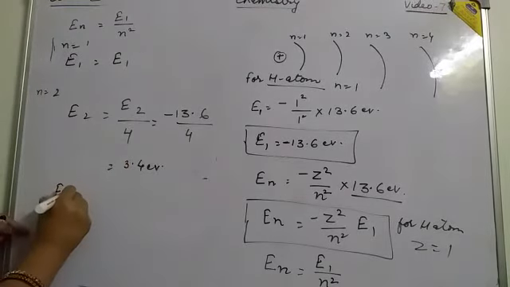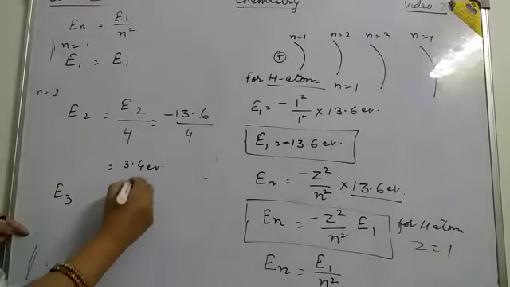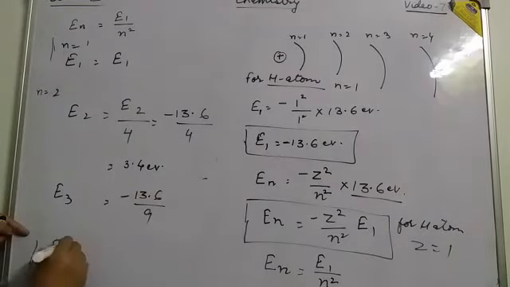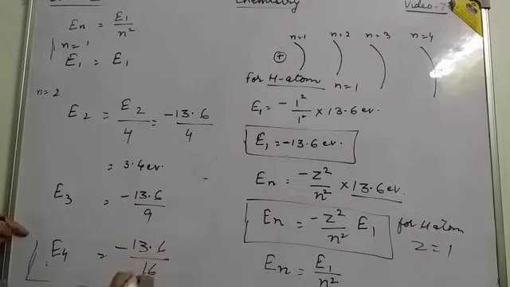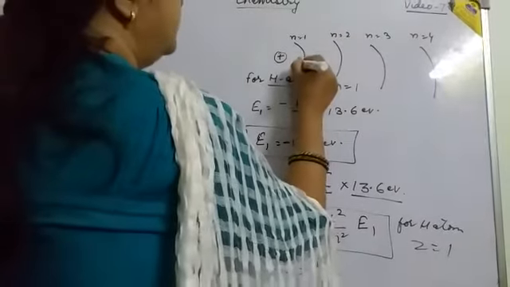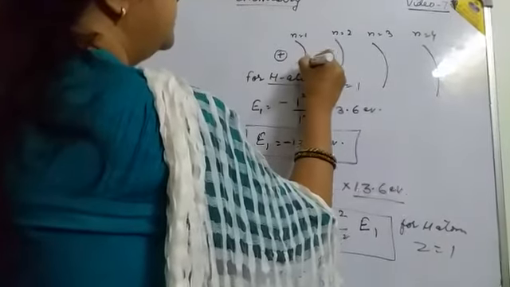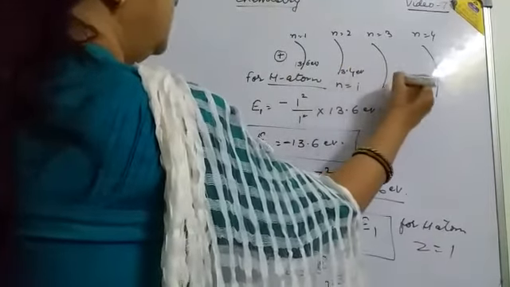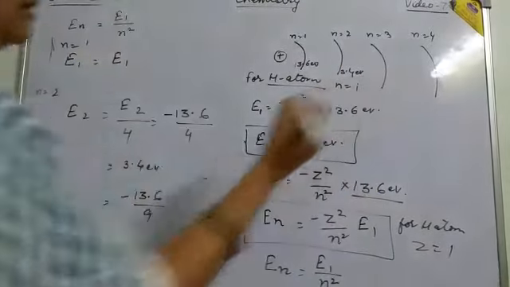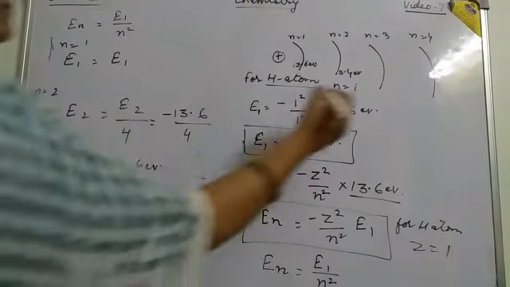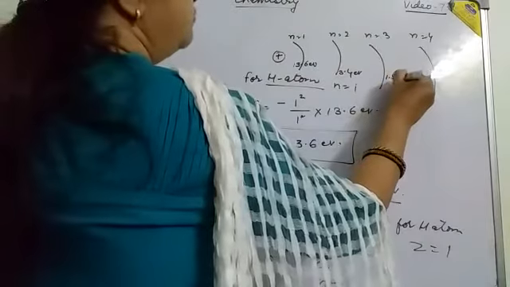For E3 it is minus 13.6 by 9, and for E4 it is minus 13.6 by 16. So the values are 13.6 electron volt, 3.4 electron volt, about 1.5 electron volt, and so on.